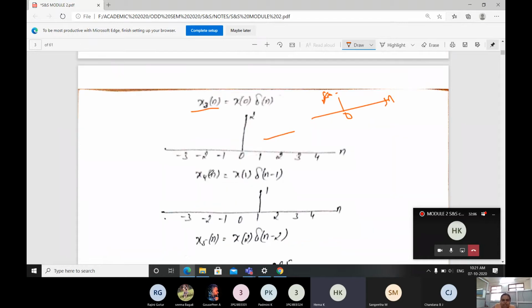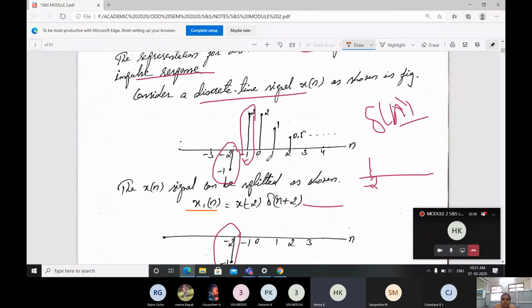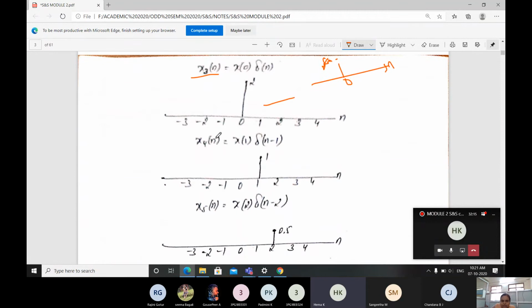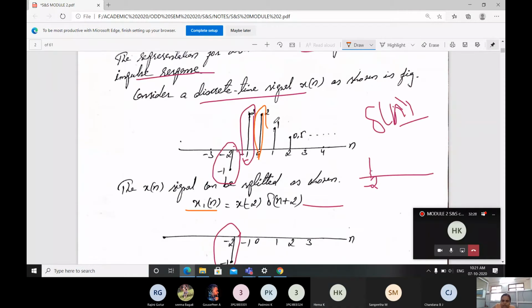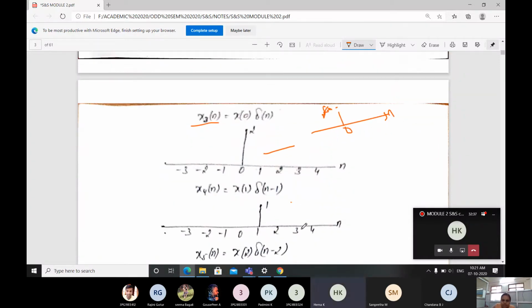Next, we go for the next signal. How many signals are there? Based on the samples we are taking here. Then x4 of n is the next sample, x of 1 delta of n minus 1. We finished the earlier signals, and next is at position 1, x of 1 delta of n minus 1, because it is shifted towards the right.